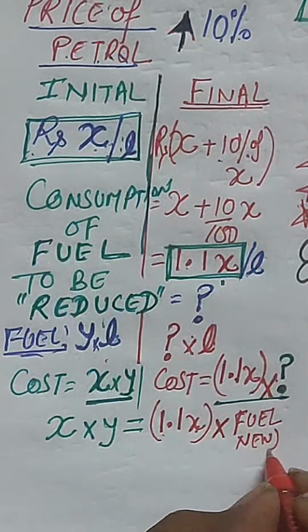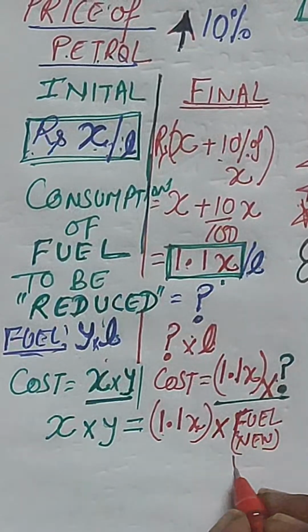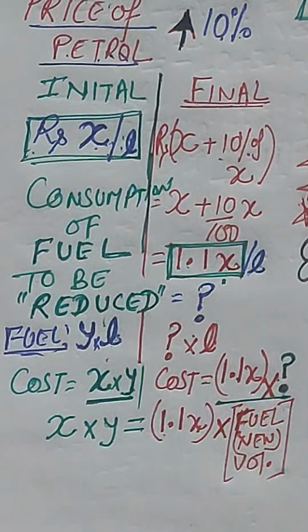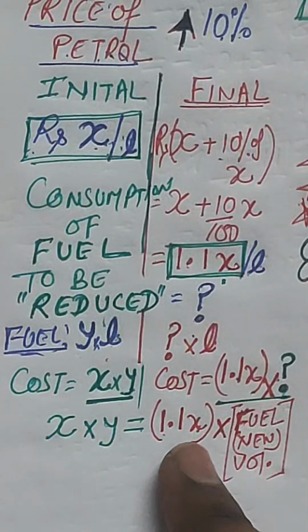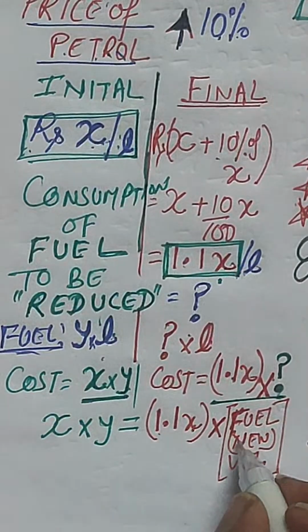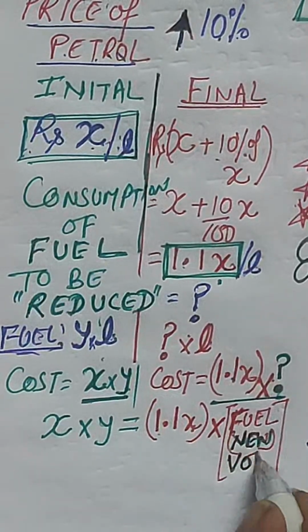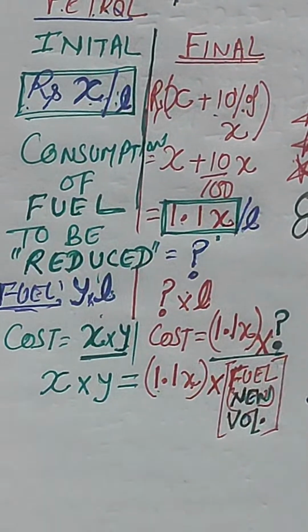I'm writing new so that you can easily understand. This is the new fuel volume. This needs to be calculated. x into y will be equal to 1.1x into the new volume of fuel. Now just equate it. You will get the answer.